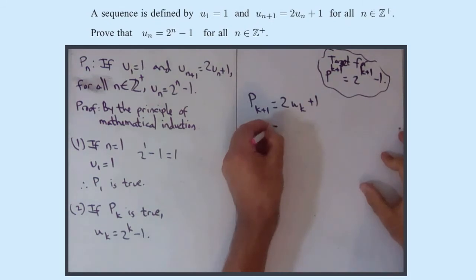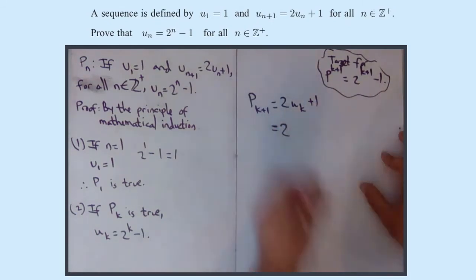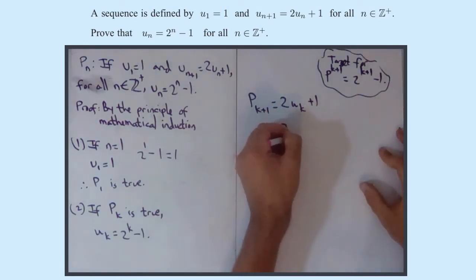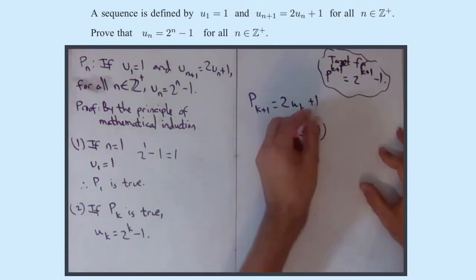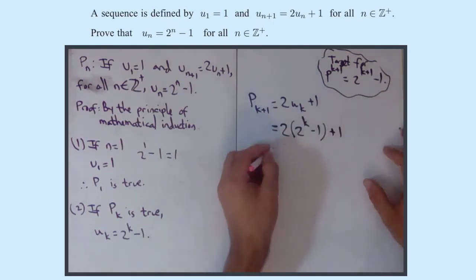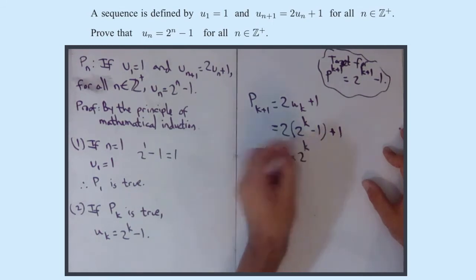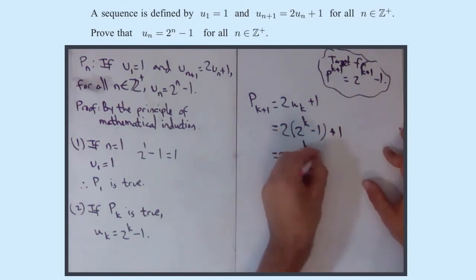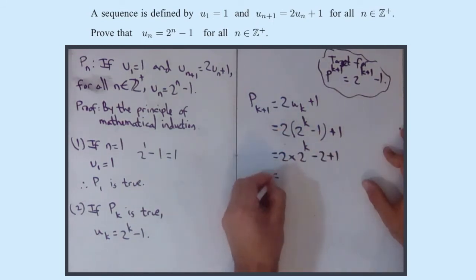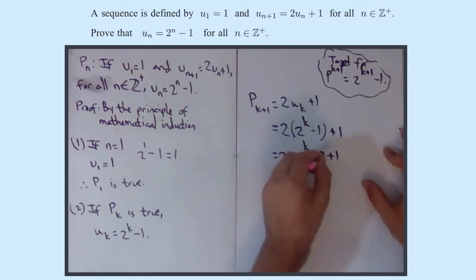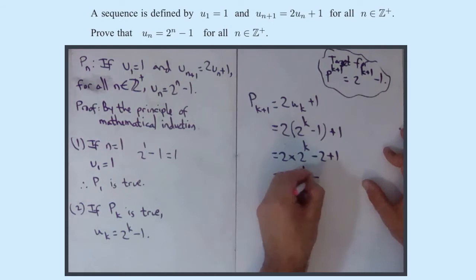And uk is 2 to the k minus 1, so 2 times 2 to the power k minus 1, and then we add on that 1. So if we expand this bracket, that's 2 times 2 to the k minus 2 plus 1, equals 2 times 2 to the k minus 2 plus 1 is minus 1.